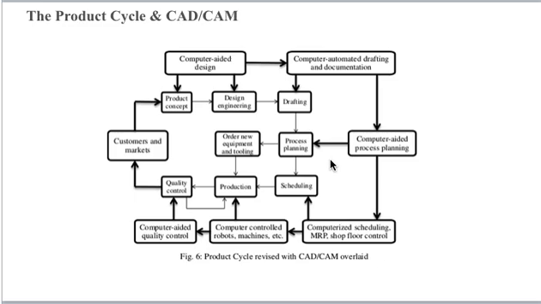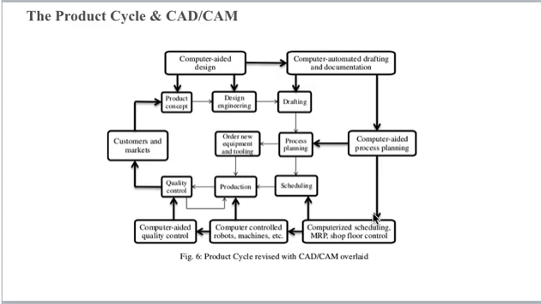Computers are used in process planning and scheduling to perform these functions more efficiently. Computers are used in production to monitor and control the manufacturing operations.